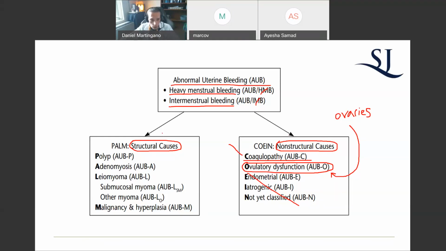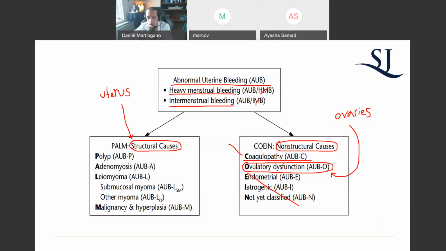So a structural cause is due to a problem with what? The uterus itself. Is something structurally abnormal about the uterus, okay? We mentioned the menstrual cycle because if you have an otherwise normal uterus, but you're having ovulatory dysfunction, you'll have bleeding, okay?